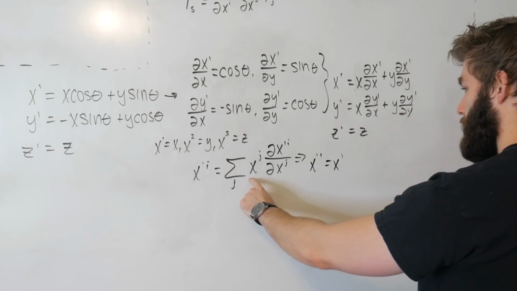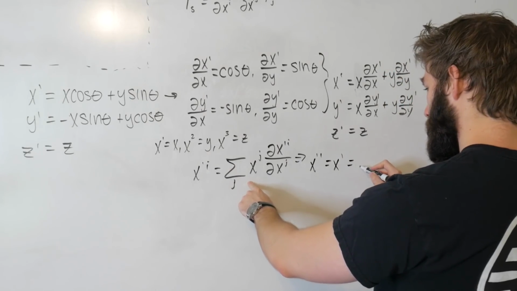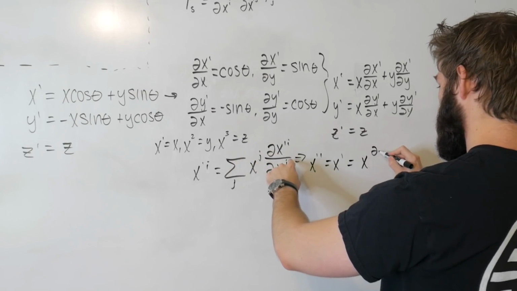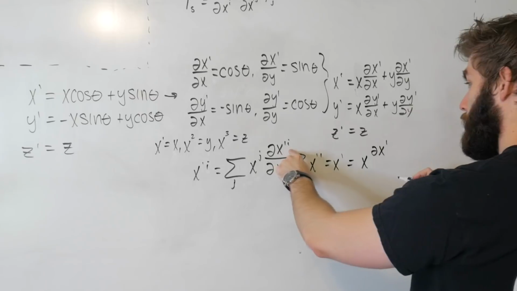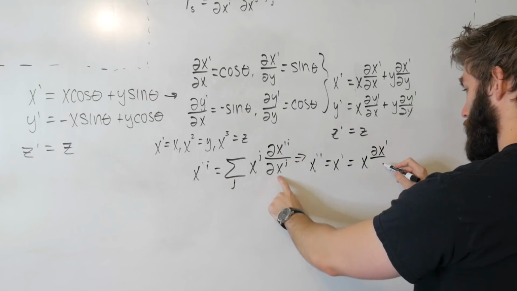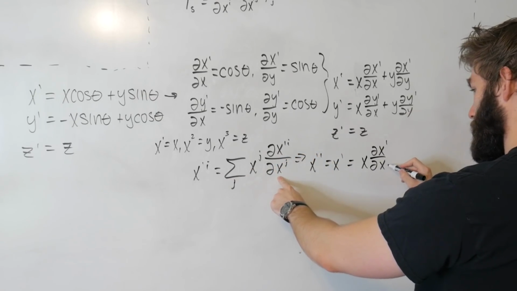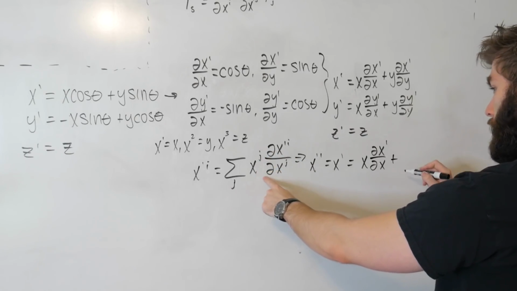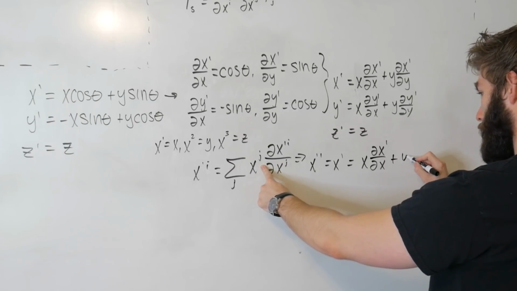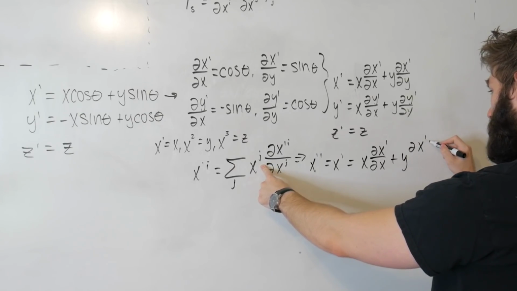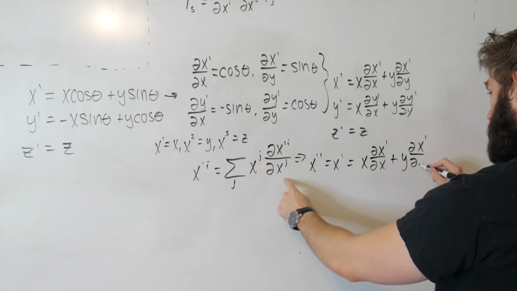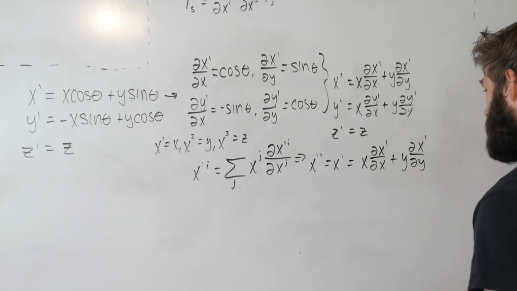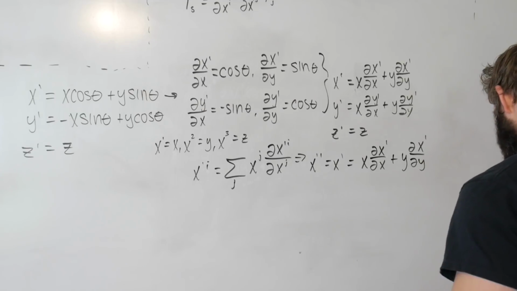And we're summing over j, so it's going to be x1, which is x, times the derivative of x prime 1, because that's what we're working with, dx, because j is 1 right here, plus, remember this is a sum, j equals 2, which is y, dx prime dy. So we get that back. So this is talking about specific components. Okay?